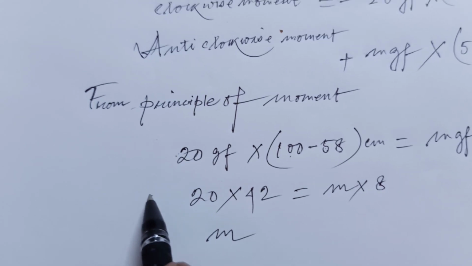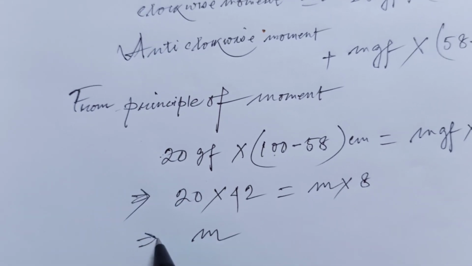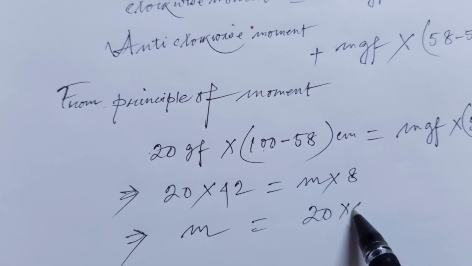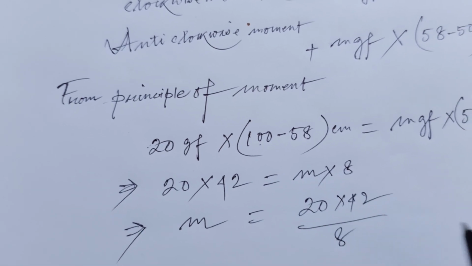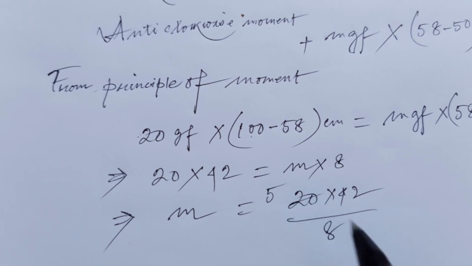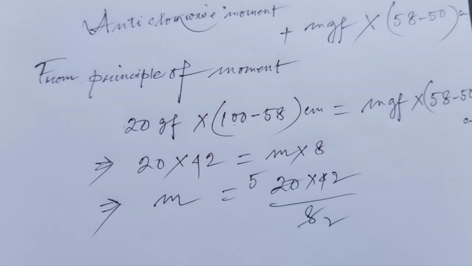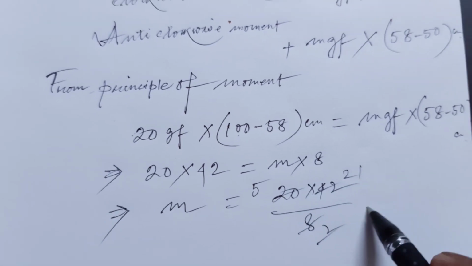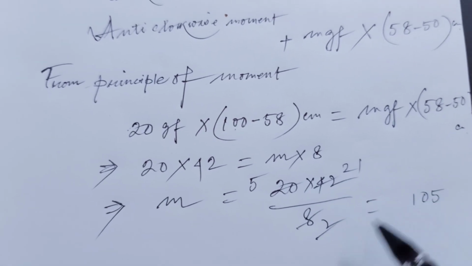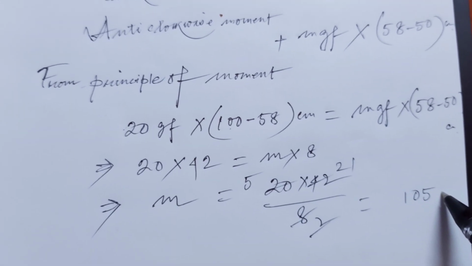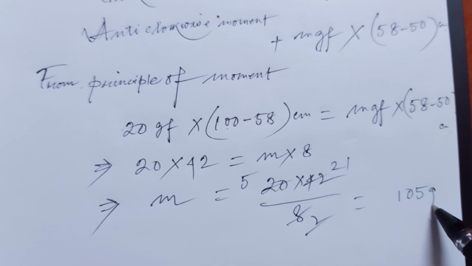So m equals 20 into 42 by 8. 4 5s are 20, and 4 2s are 8, 2 2s are 4, so 5 into 21 is 105. What is the unit? Obviously this is gram force.